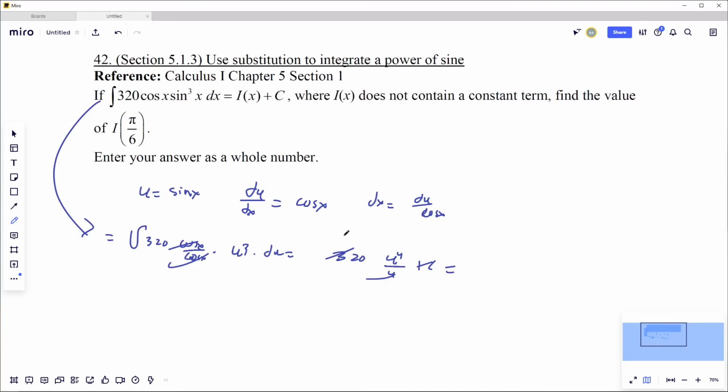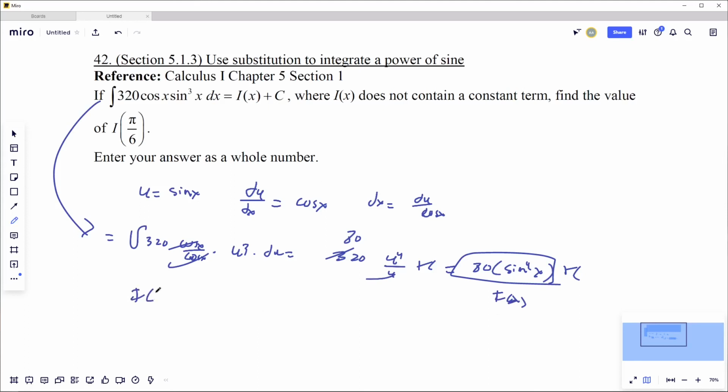You get 80 into u, which is sine, so sine to the power 4 of x, plus c.